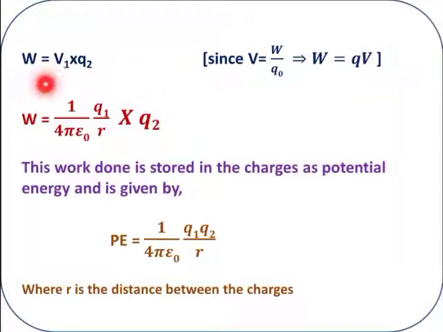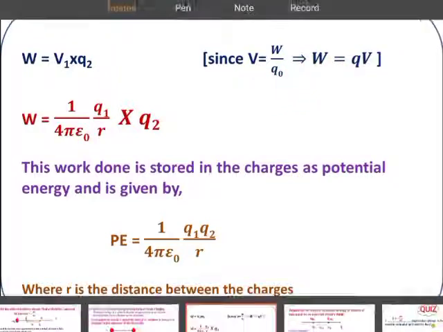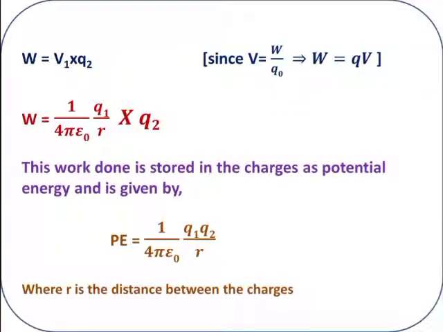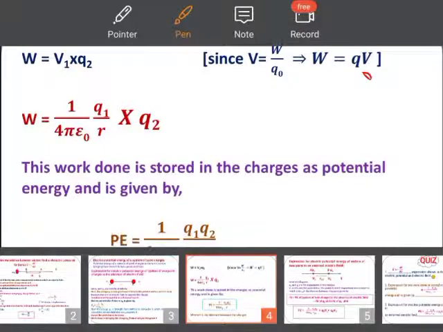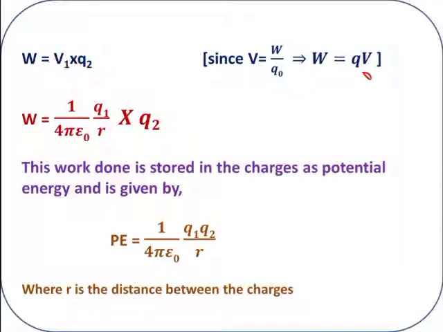So W is equal to V1 into Q2. Why? Because V is equal to W divided by Q naught, that implies W is equal to Q naught into V. Now what is V1?